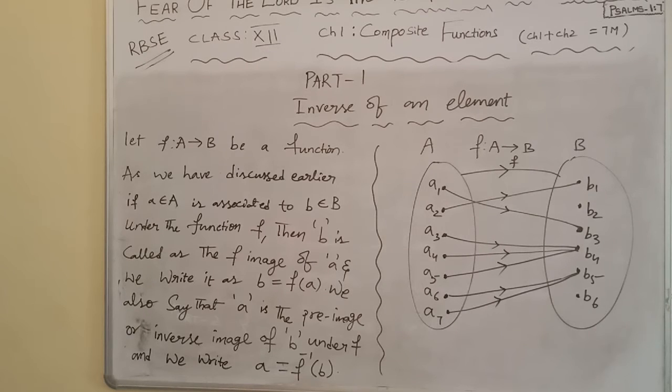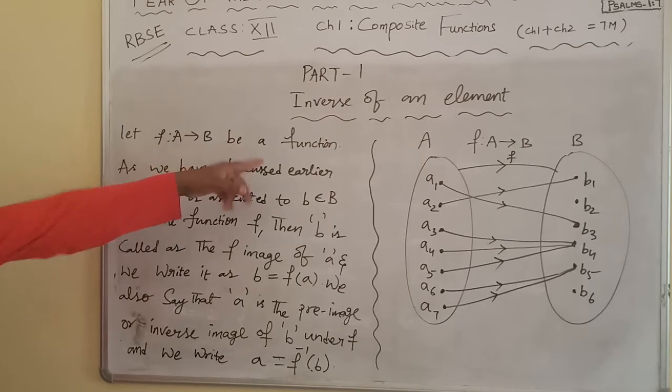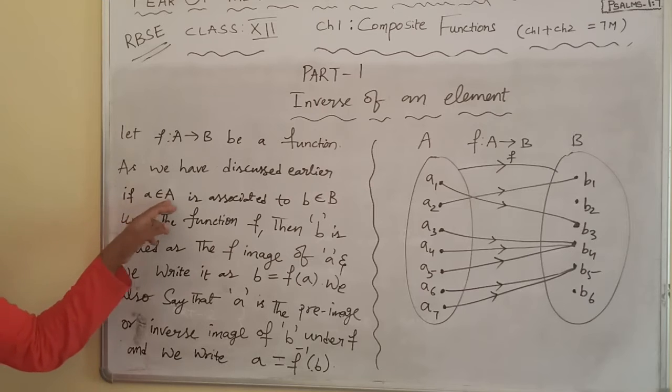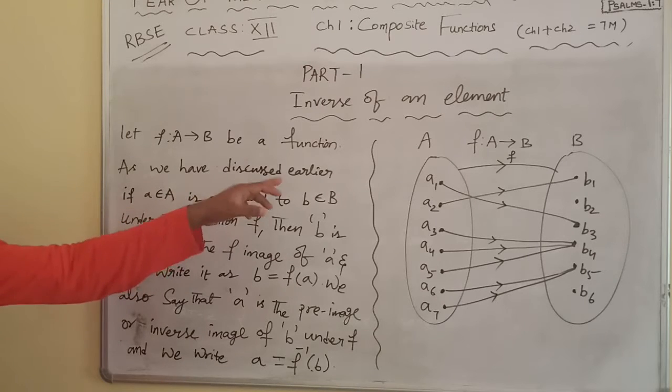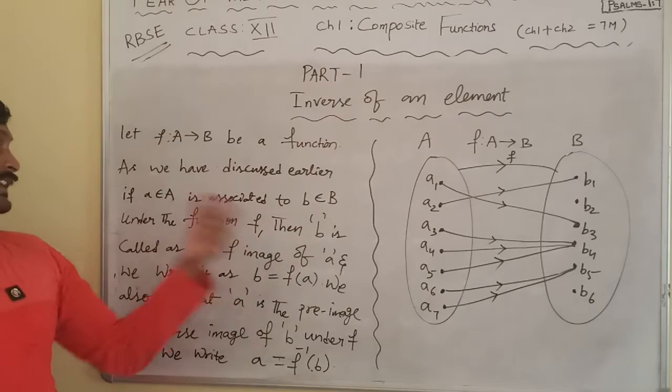Now we are going to discuss inverse of an element. What I have written on the board is the complete definition of inverse of an element. Just observe the board and we'll discuss it in detail. Actually, what was written is what we discussed in the earlier class. So f maps A to B is a function, as we discussed earlier. If small a belongs to capital A is associated to small b belongs to capital B under the function f, then b is called the f image of a.